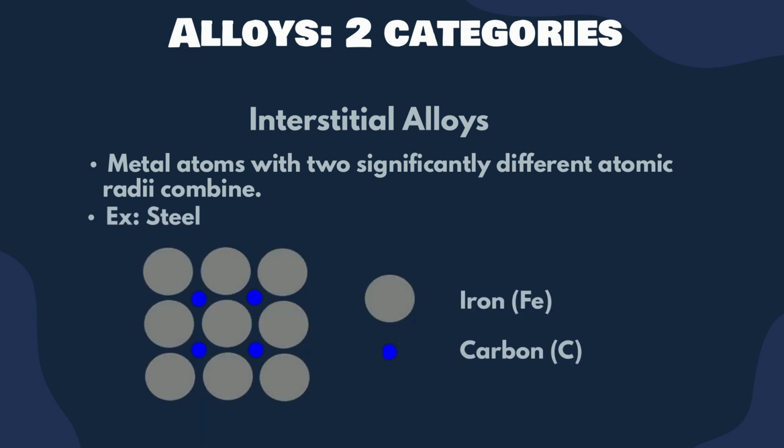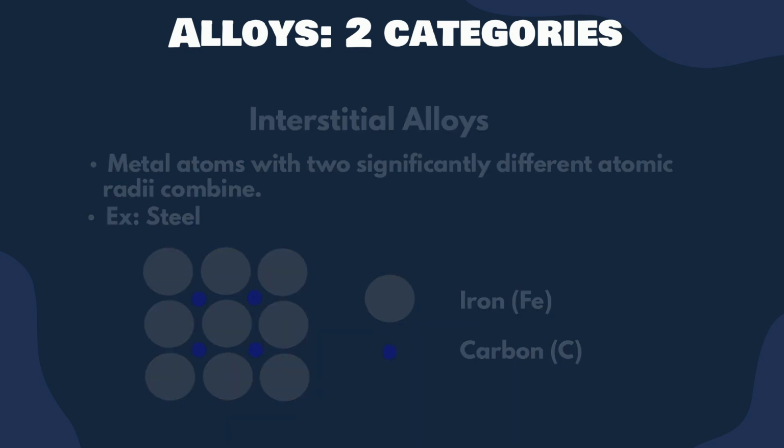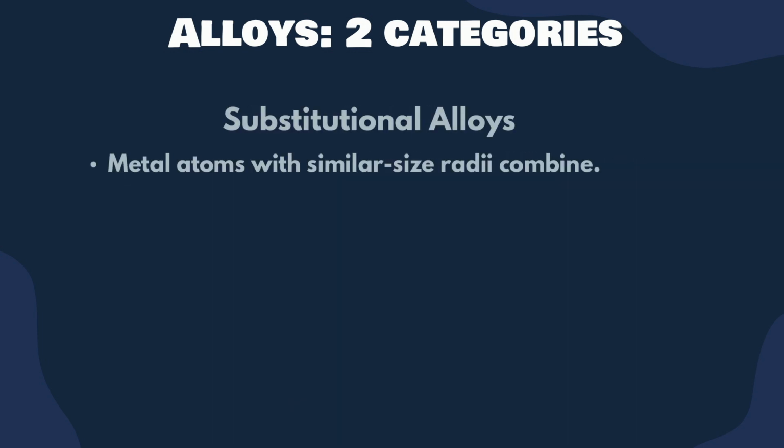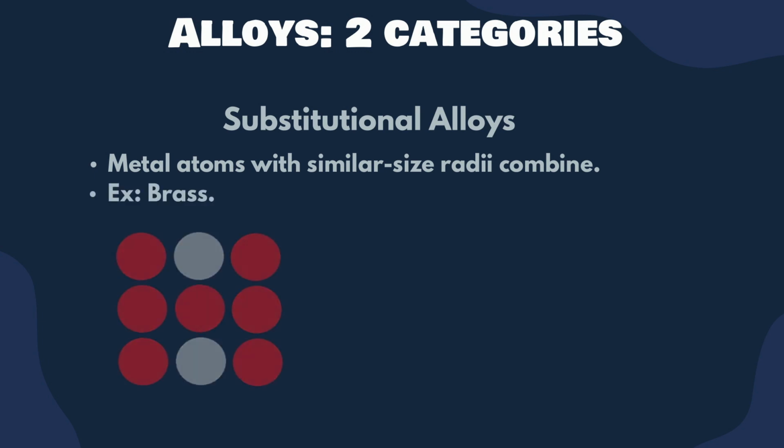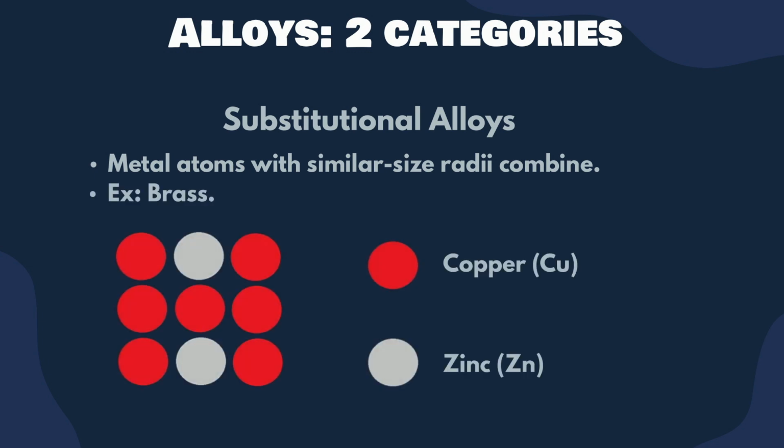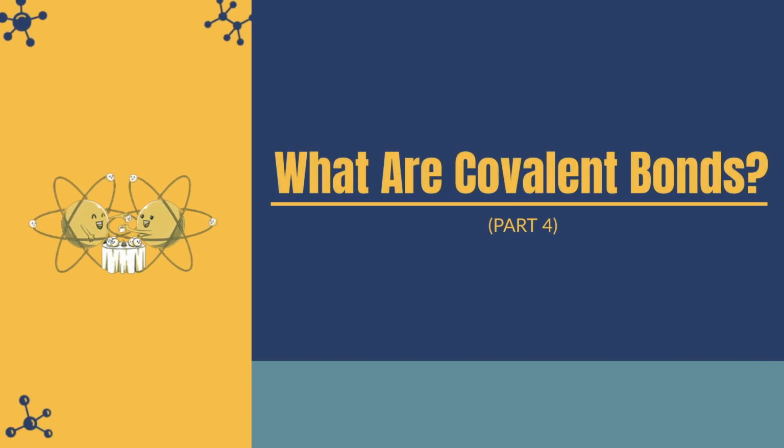An example of this is steel, which consists of smaller carbon atoms between larger iron atoms. In substitutional alloys, metal atoms with similar size radii combine, such as in brass. In brass, atoms of zinc are substituted for some copper atoms, forming the alloy substance.